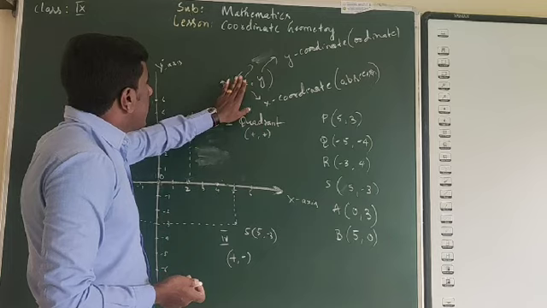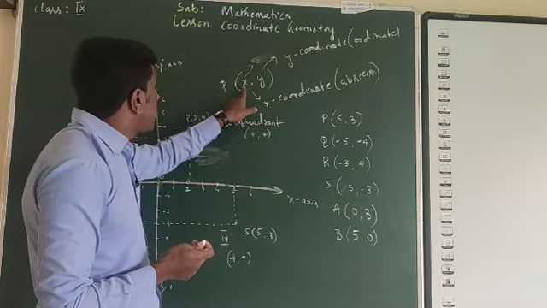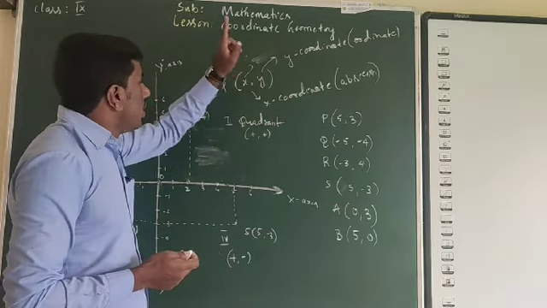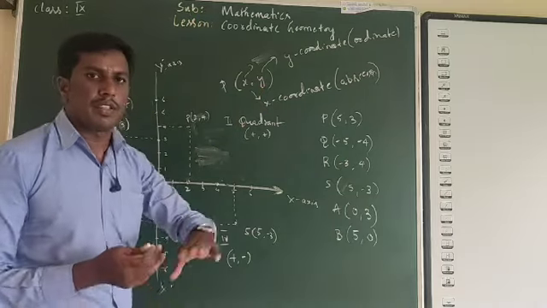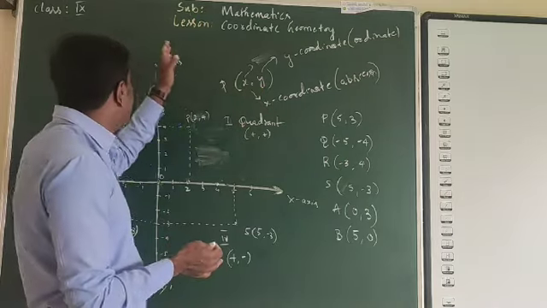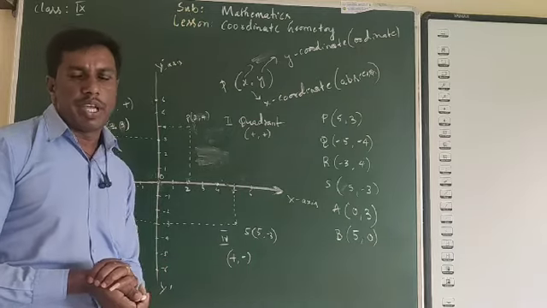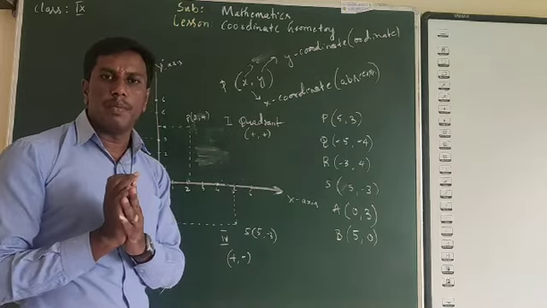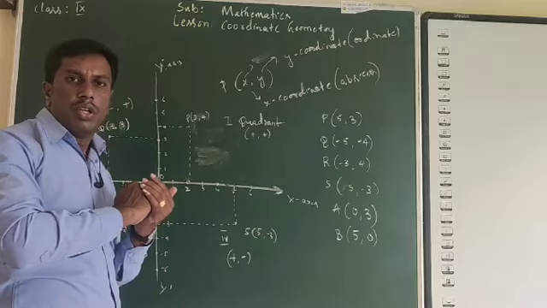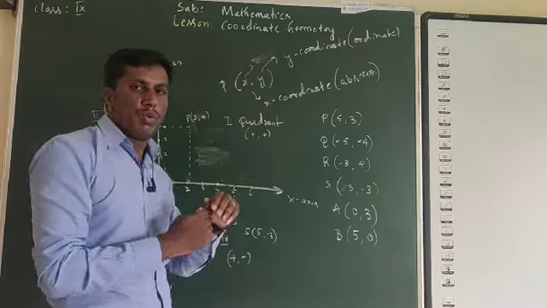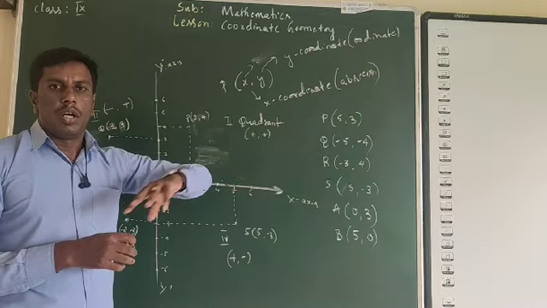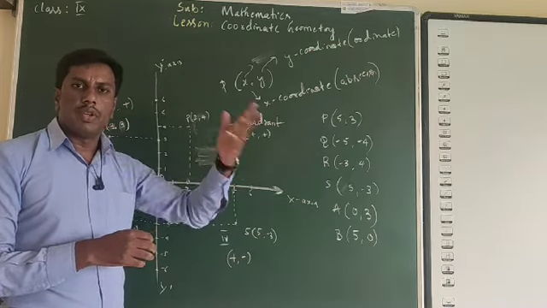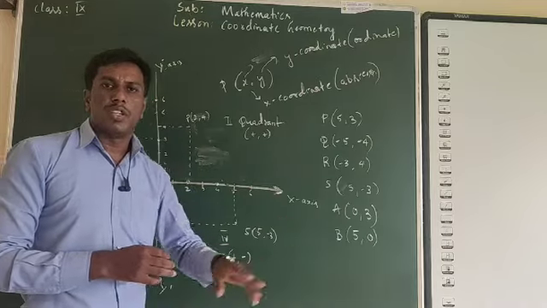If I give the point, this is the x coordinate and this is the y coordinate. If the y coordinate is 0, then that point has to lie on the x axis. If the x coordinate is 0, then that point has to lie on the y axis. This is very important throughout your mathematics, whatever you go on to study after 10th standard, 11th, 12th, degree, master's degree, PhD.